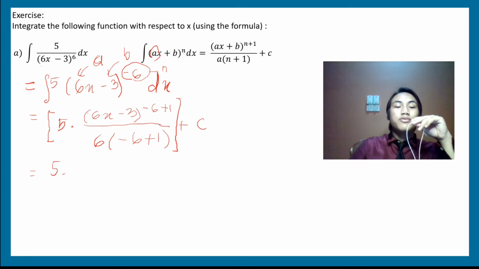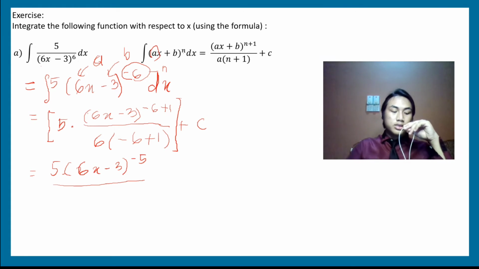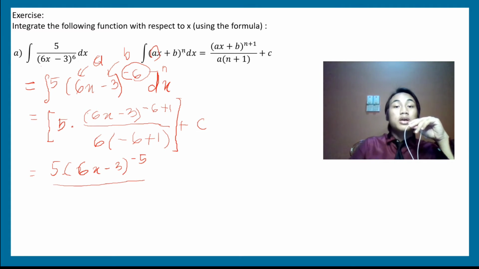Okay, we simplify and turn it into 5 times -3 to the power of -5 over what is the -6 plus 1 times 6. We will get -30.